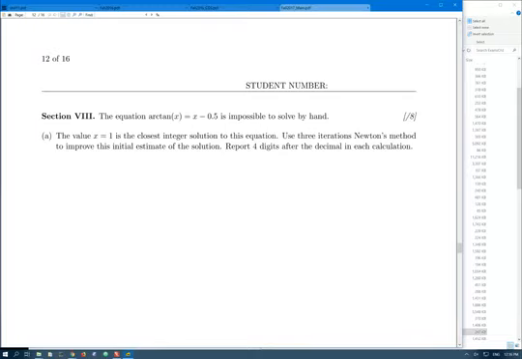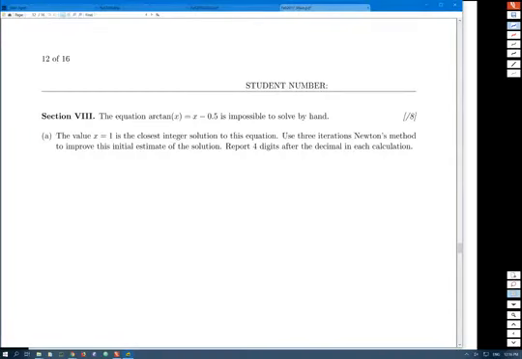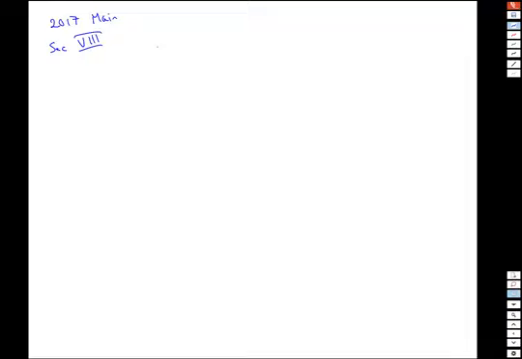Okay, let's dive in. So this is 2017, main, section 8. Here we had an equation: arctan of x equals x minus 0.5. For something like this, I would be tempted to graph it.